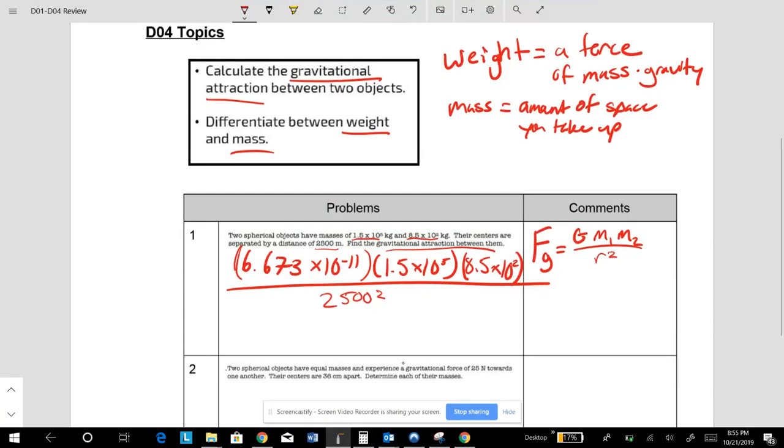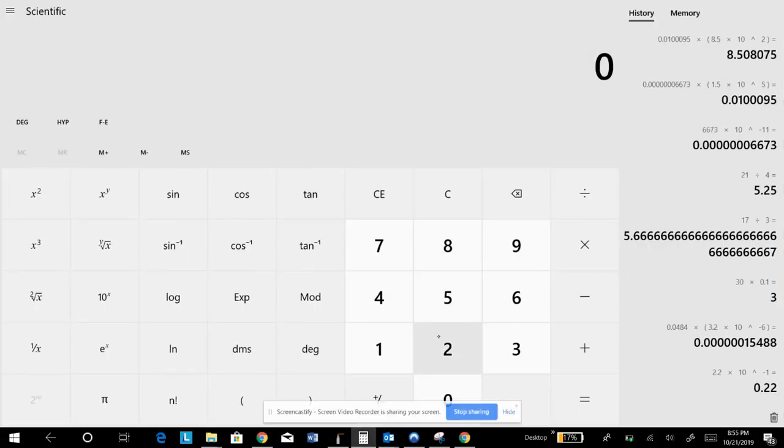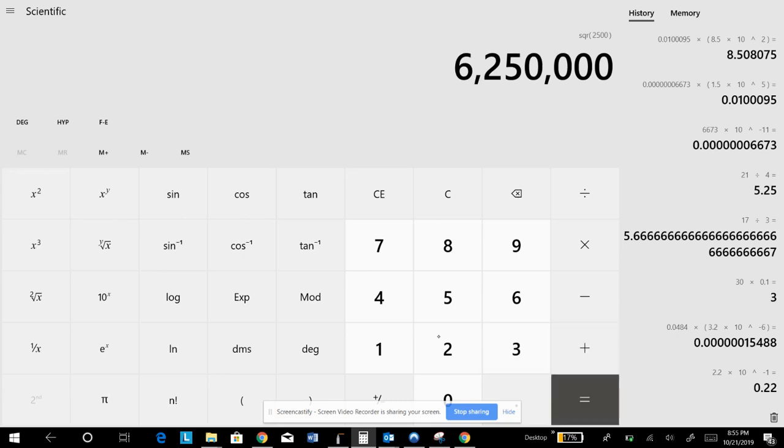I'm going to go here, and then I have 8.5 divided by 2,500 squared. So let's do that. So we have 2,500 squared, right? So our value will actually be 6.25 times 10 to the 6th.